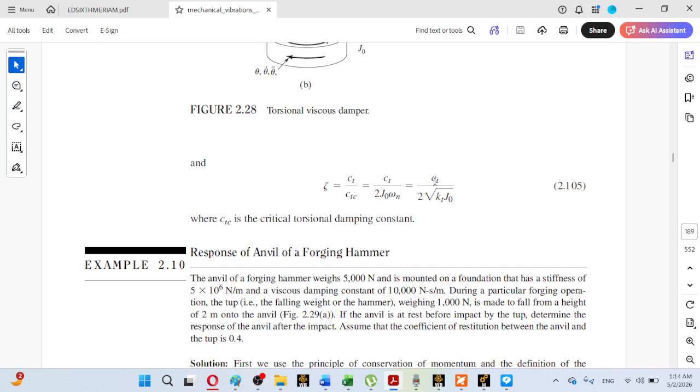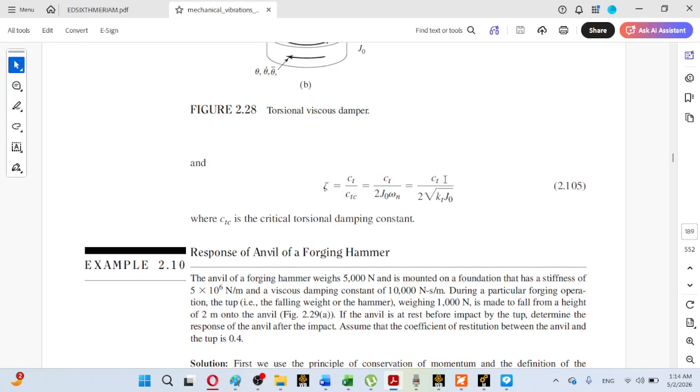So from this formula you will actually be getting the magnitude of the torsional damping constant in units of Newton meter second per radian, not in degrees.